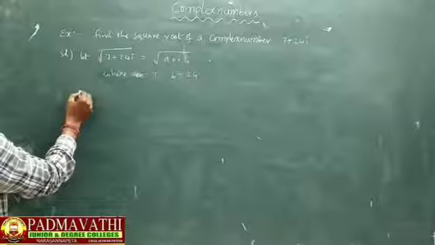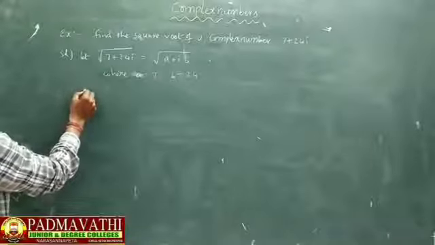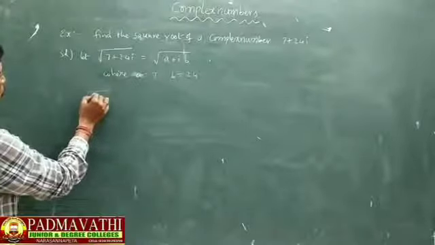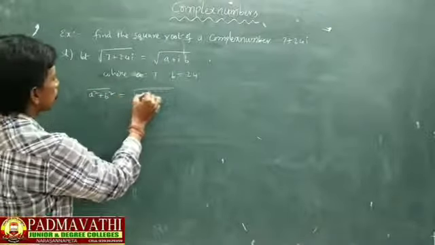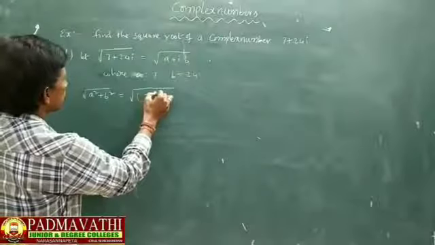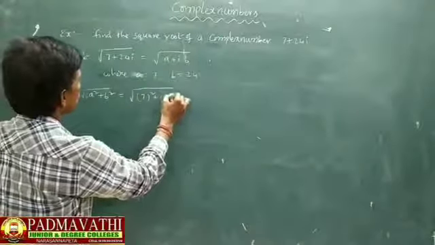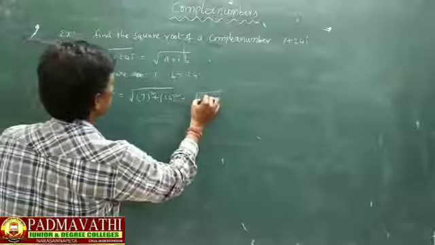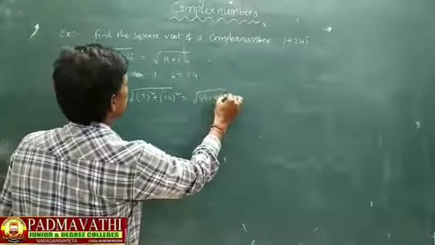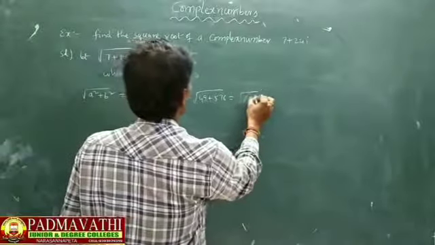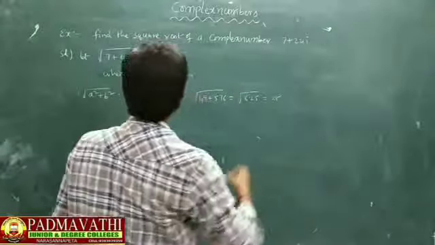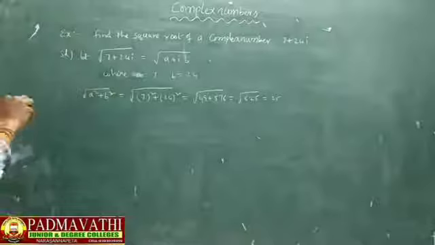Now, we find root a square plus b square. 7 square, 24 square, that is 49 plus 576, that is 625, square root is 25.